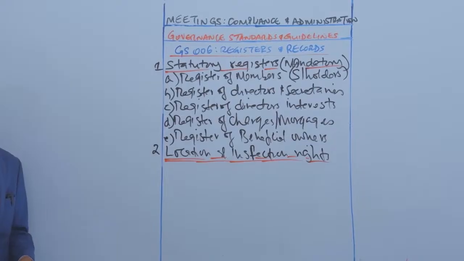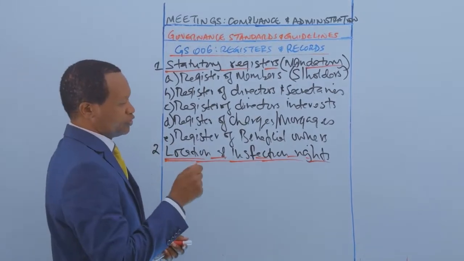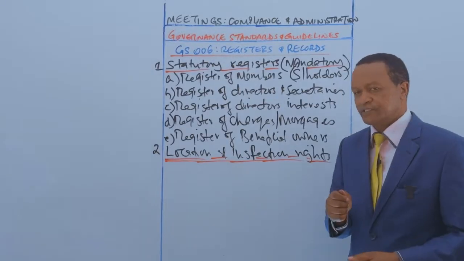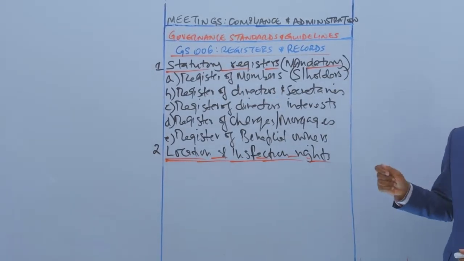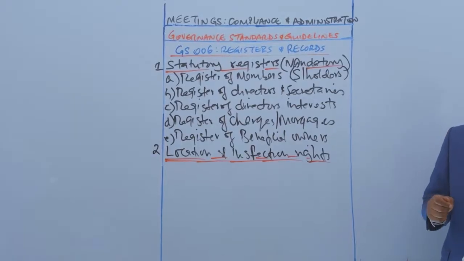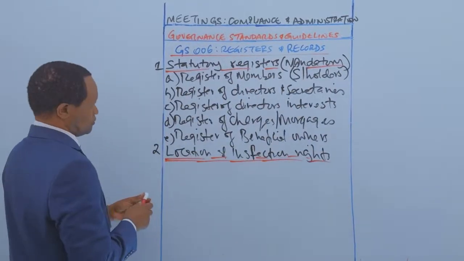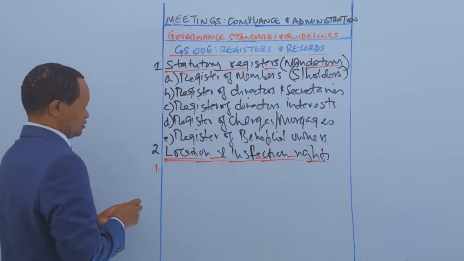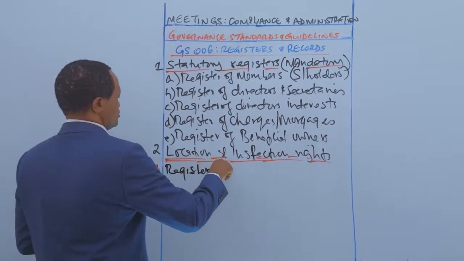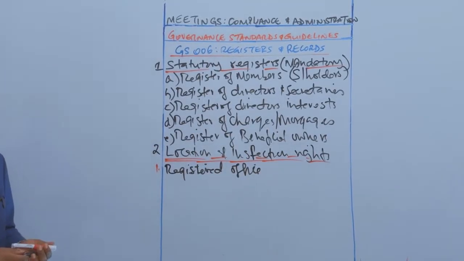Now, GS006 defines where these records are located and who can see them. The first location is the registered office.